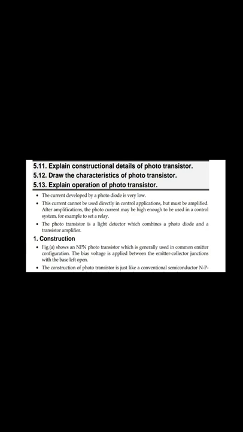So why we are going for this phototransistor is that the current developed by a photodiode is very low. That is a disadvantage of the photodiode. This current cannot be used directly in control applications, but must be amplified.